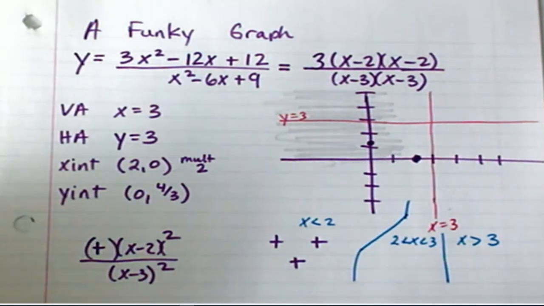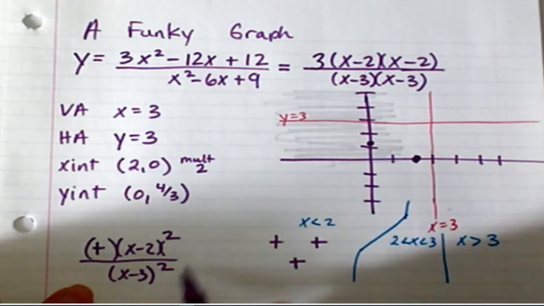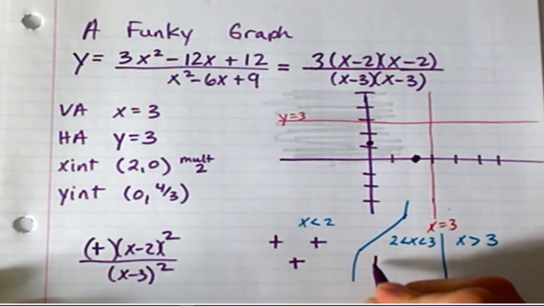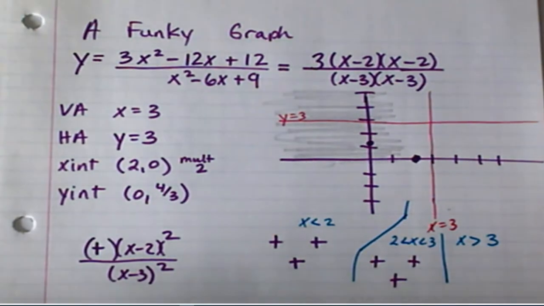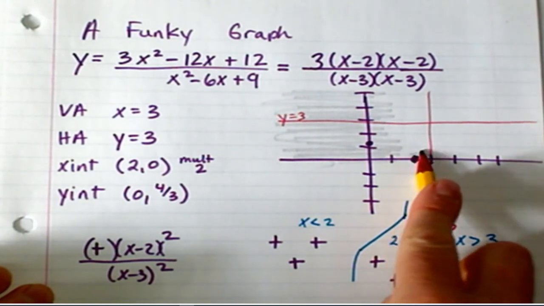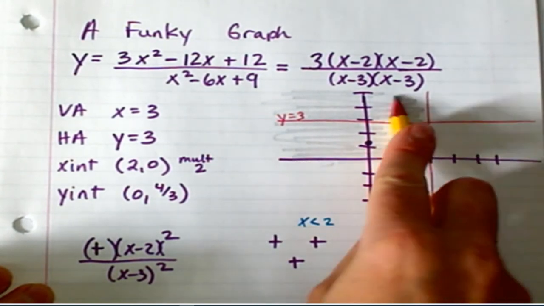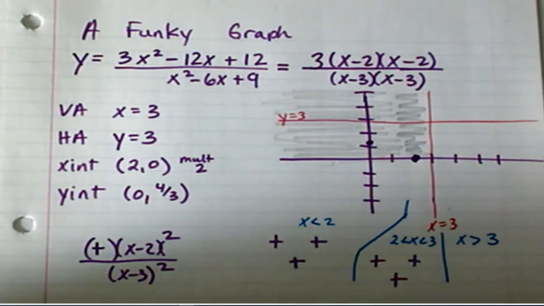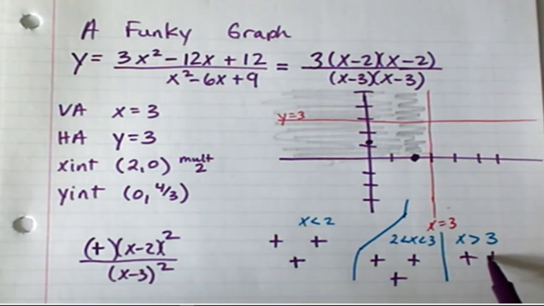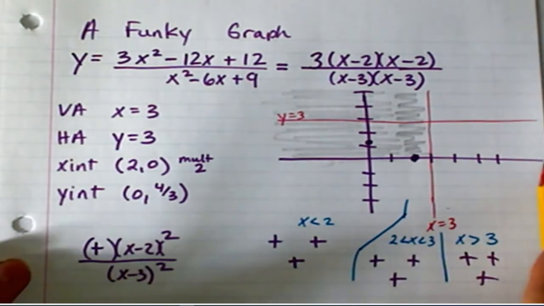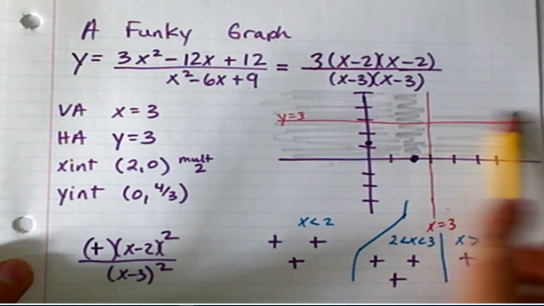Because everything is squared over here, it's always going to be positive. Oh, see that bounce? It's going right back up. The last section is going to be all positive also.